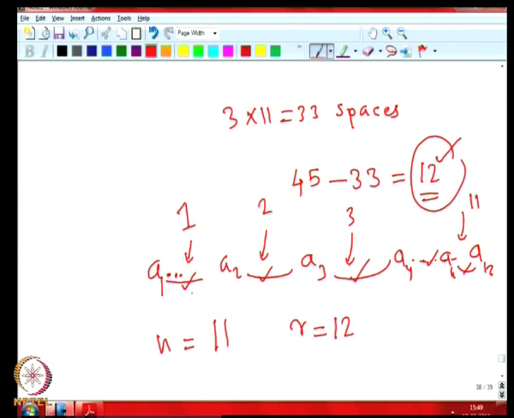So we have to select from these 11 objects. Repetition is allowed, and a particular object can be repeated many times, but in total we have to select 12 of them because there are 12 spaces. That is how we interpret the situation in terms of the original problem we considered: selecting r things out of n things where each thing can repeat.